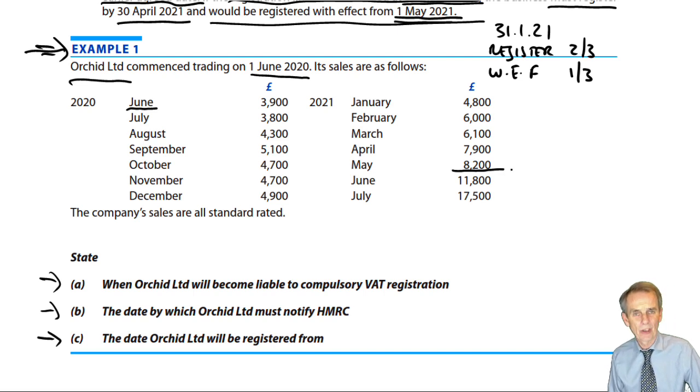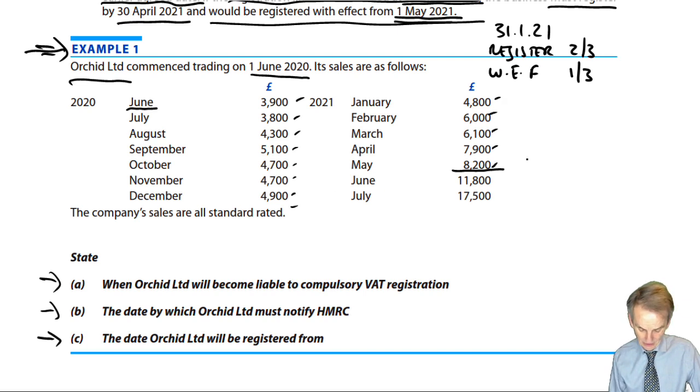So what you'll have to do first of all is to keep adding through on your calculator all of these months, June, July, August, all the way through, keep adding them up. And you're going to find that even by the time that you get to 12 months later, you haven't reached, or exceeded rather, the level of £85,000 of taxable supplies.